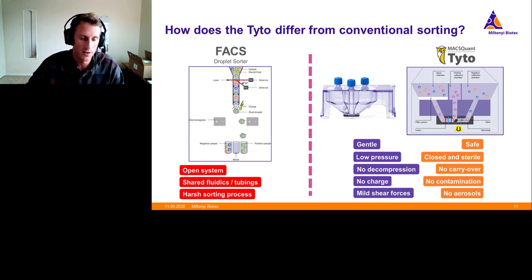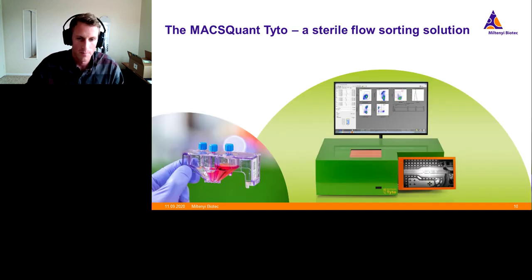The MACSQuant Tyto is, let me actually quickly go back. The device on the right here, the instrument, is a cartridge-based system. And the way that it works is you would add your material into a cartridge. So generally, and particularly in a hazardous sample or something you're meant to keep sterile, any addition to the cartridge will be done in a hood, a very commonly closed situation.